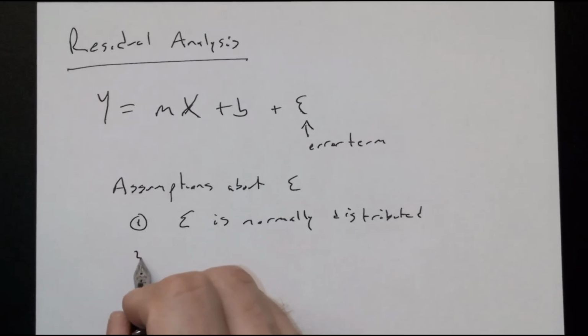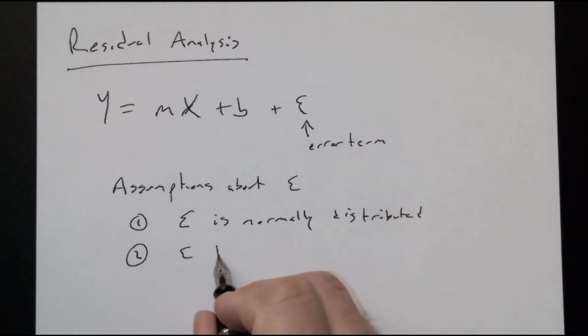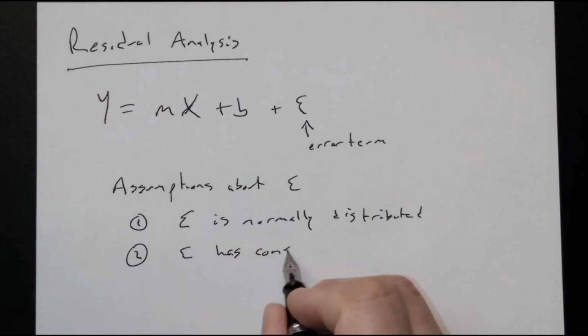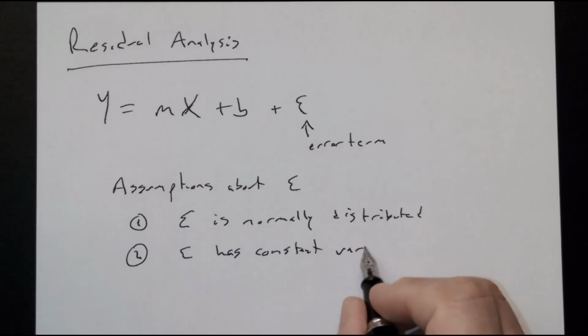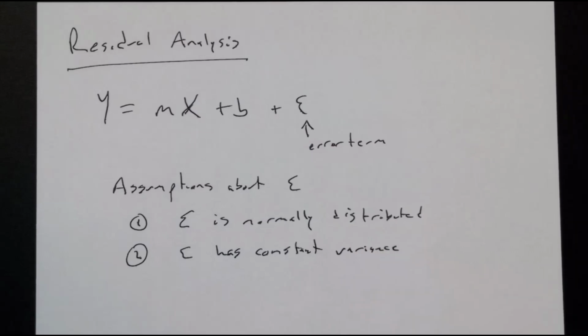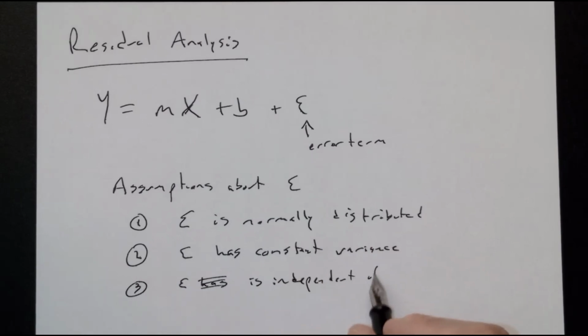And then I'm assuming that this has constant variance. That whatever the variation of error is for small values of X, it's the same as the variation for large values of X. And third, the errors are independent.